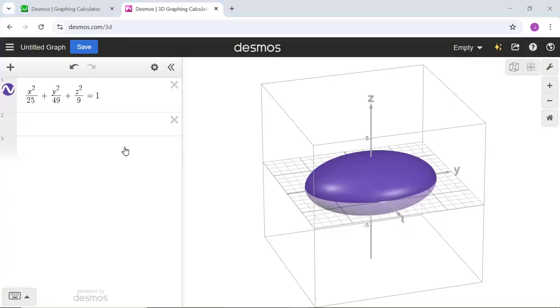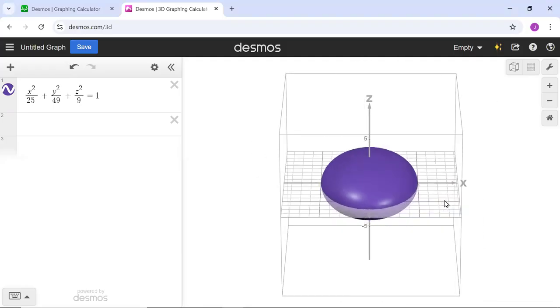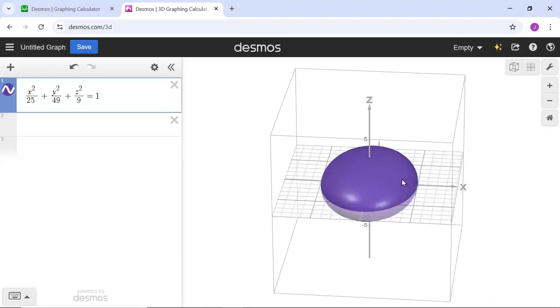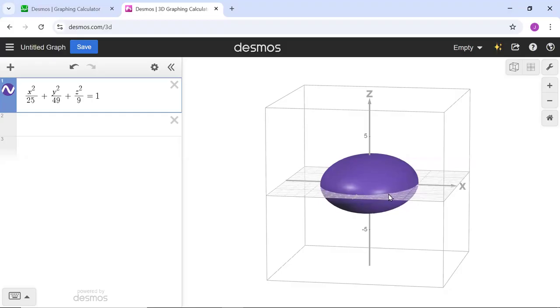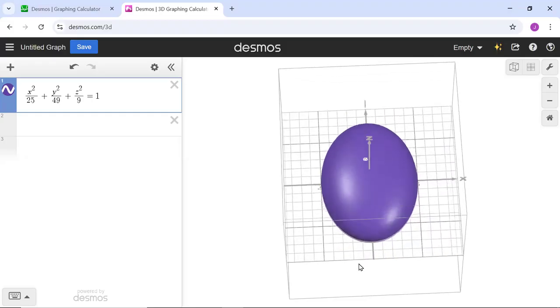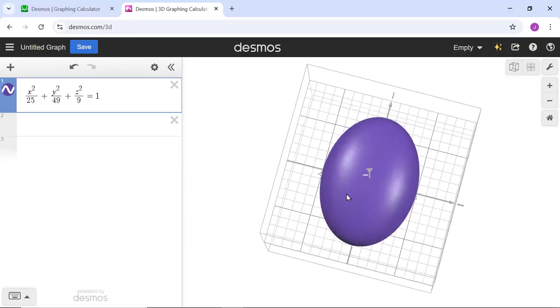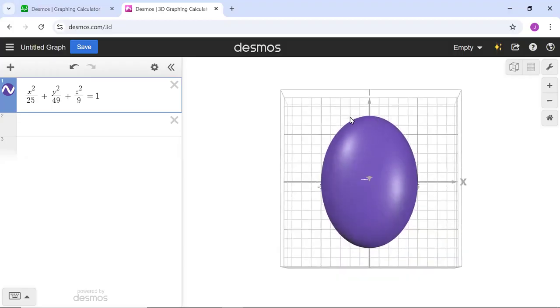So basically, if I let something go all the way around, that makes like an ellipse. Think of drawing a line around this ellipsoid in the XY plane.